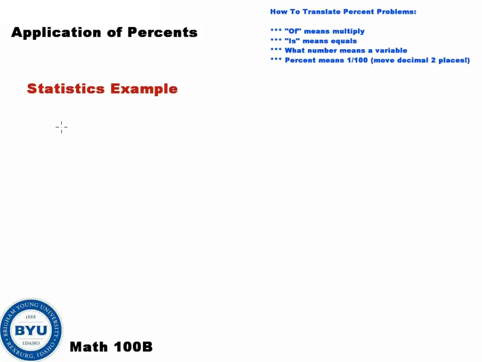So again, we talked about statistics being a major role of percentages. We can solve a statistics problem. For example, let's say that we were polling a bunch of people in Rexburg, and we asked them if they were Democrat, Republican, or Independent. In fact, the newspaper just did this recently.